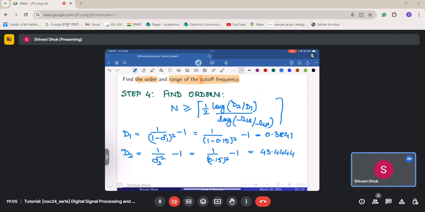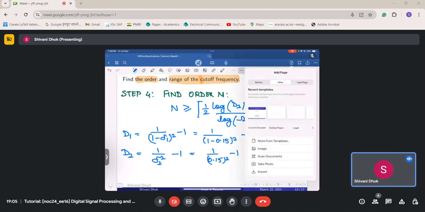This we had found out in the last tutorial as well. So now we have the values of d2 and d1, and we had figured out omega ls and omega lp in the previous question.